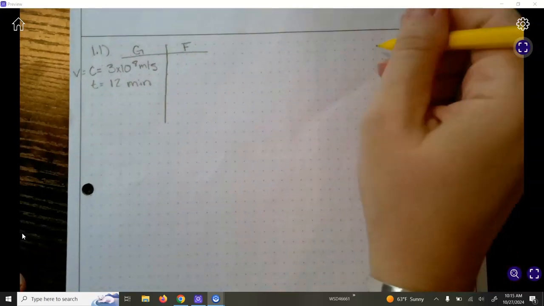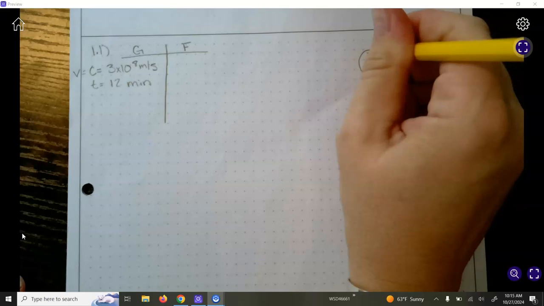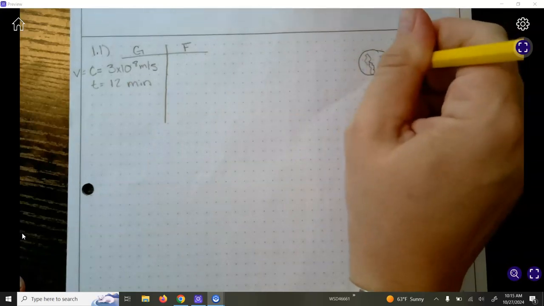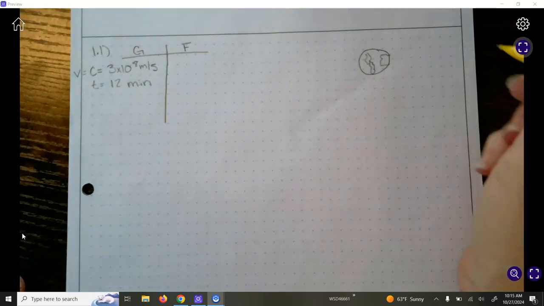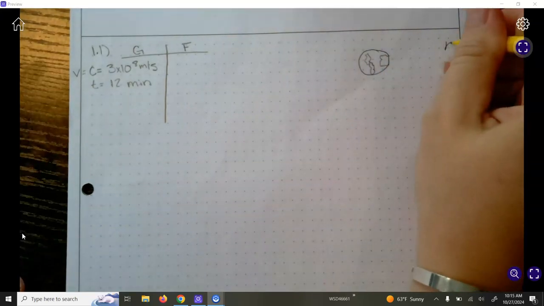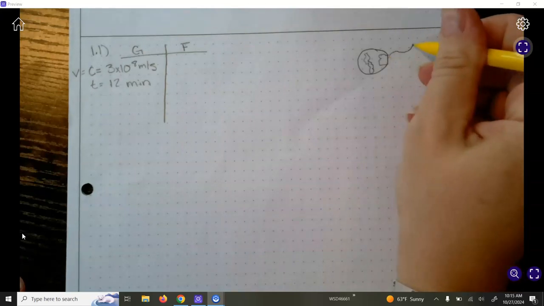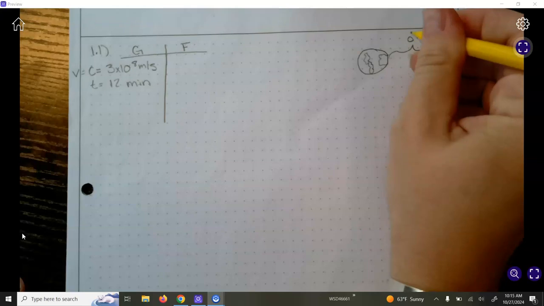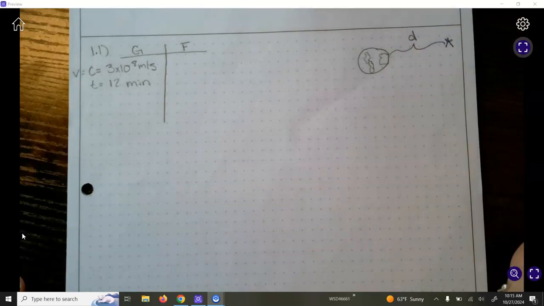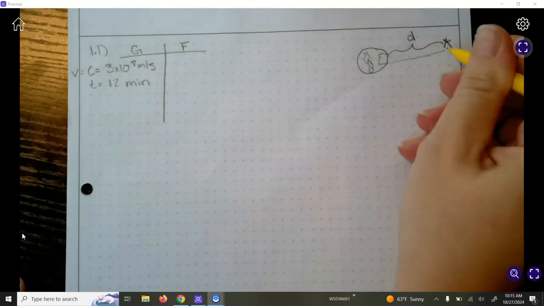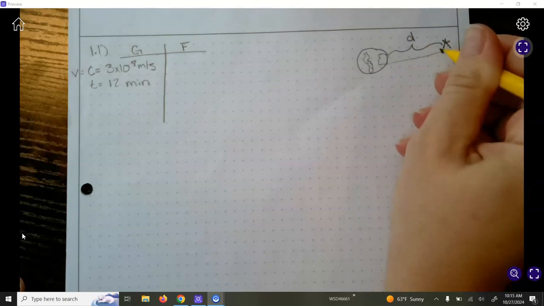All right, so here's Earth. We got our different pieces of land, whatever. Okay, here's Earth. And here's the rover. I'm just going to put a little star over here because I'm not going to draw Mars. This right here is a distance, D. Now the signals traveled from here all the way to the rover in 12 minutes.